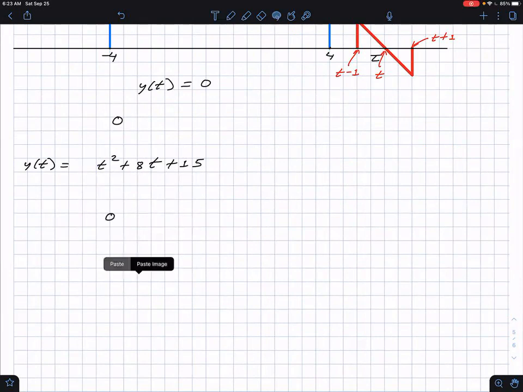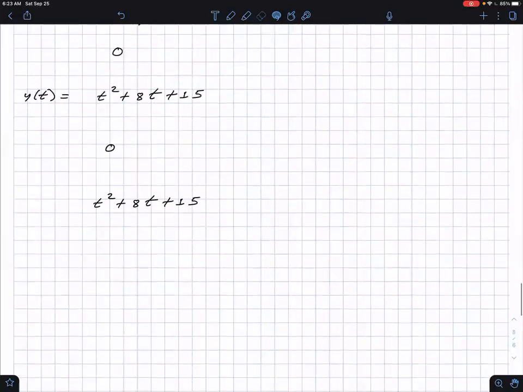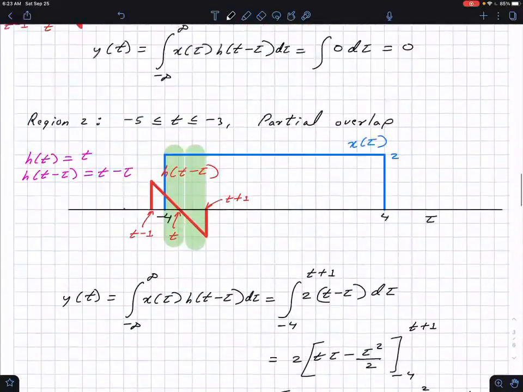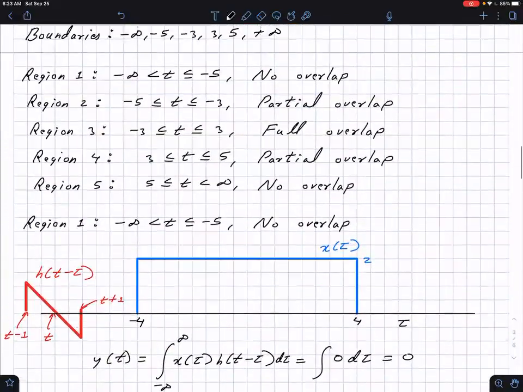And in the fourth region, we got negative t squared plus 8t minus 15, and then we got a 0 again. And so these 5 expressions are for 5 different regions. Let me copy those from here.